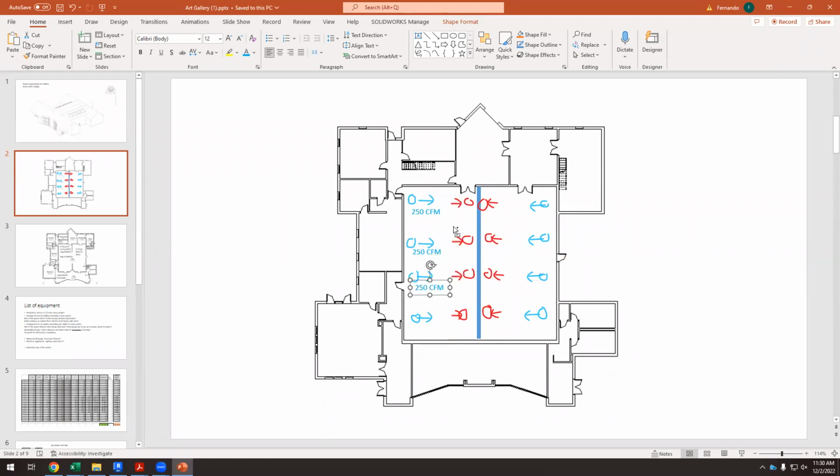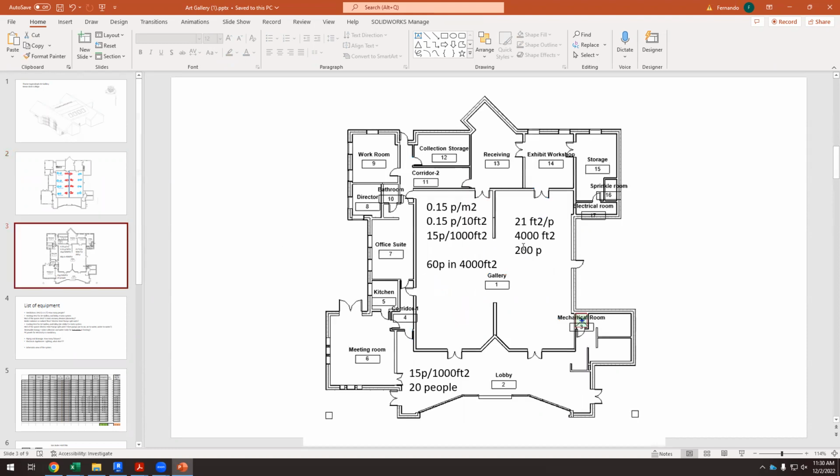And are we sure of this? Okay, we have 200 people. So that'd be 500 each. So if it's 200 people, we have 100 people here and 100 people there.